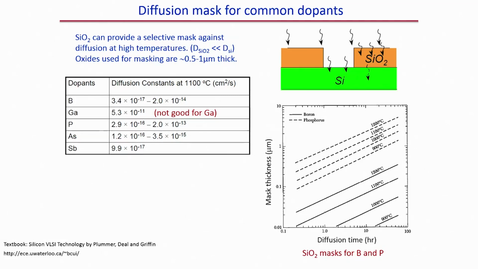So, this is very important to understand, that the silicon dioxide application is not just limited to gate oxides or masking oxides or pad oxides, it can also be used as a mask against common dopants. So, you can see here silicon dioxide masks boron and phosphorus.